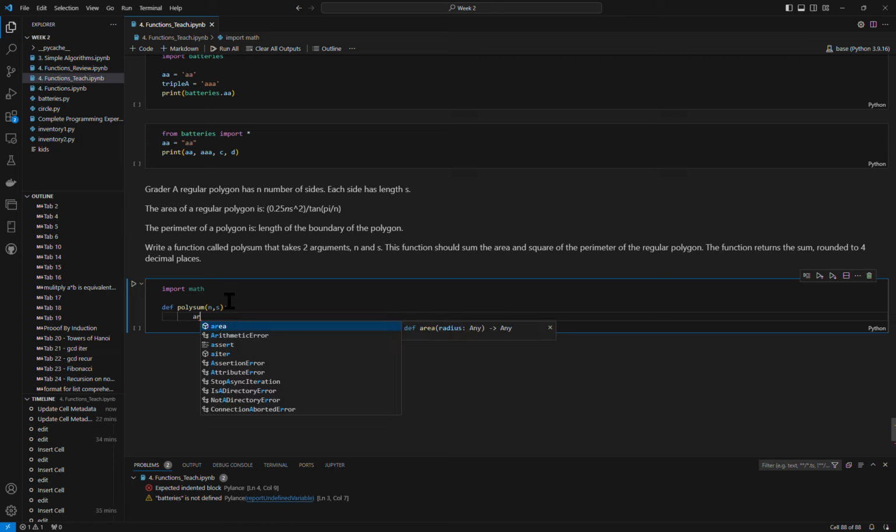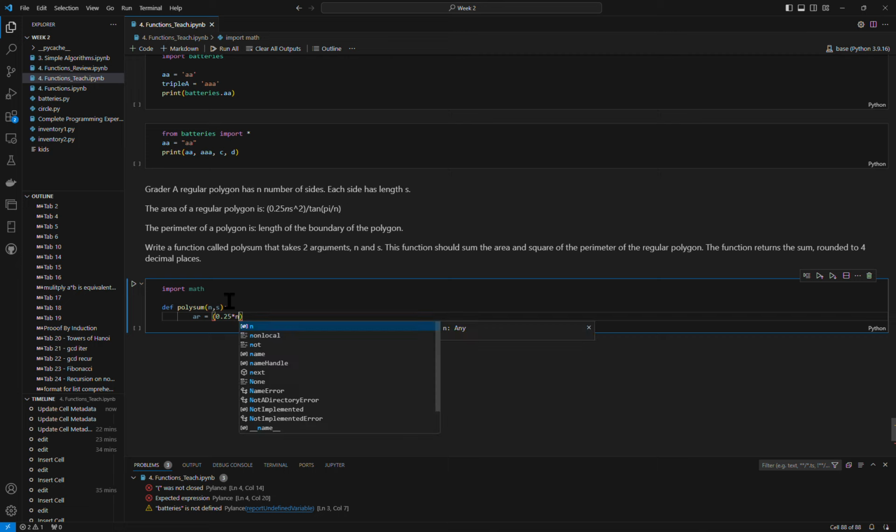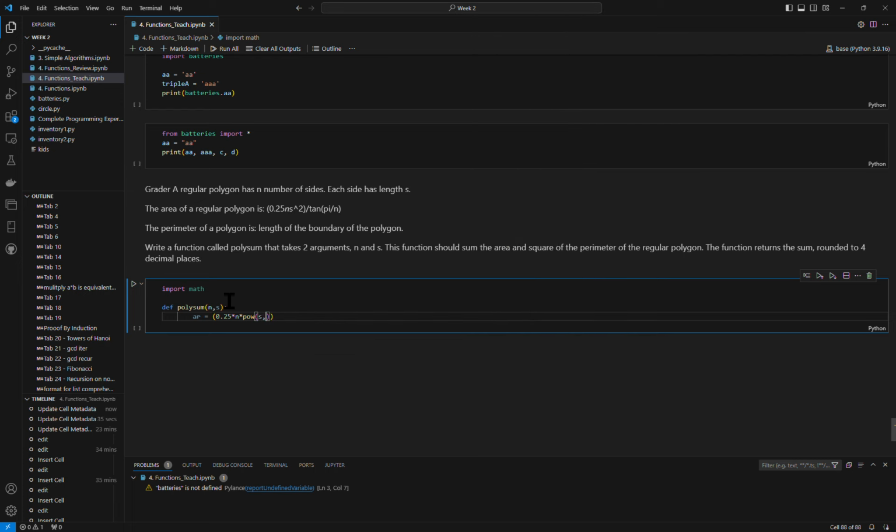Let me show you. Let AR be the area of the polygon, which is equal to, according to the formula given in the question, 0.25 times n times s to the power of 2.